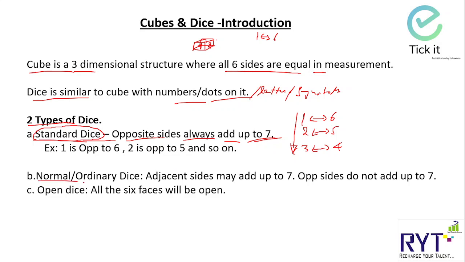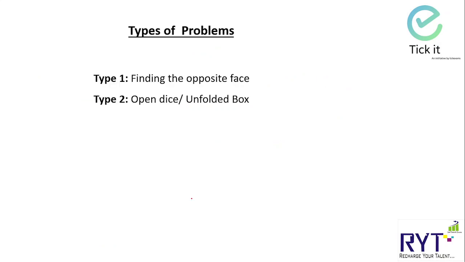The next type is the normal or ordinary dice, which is very commonly asked in examinations. Here this condition will not apply. One more type is the open dice. The dice is just open, like this, and you have to understand which is opposite to what. You might have numbers like 1, 2, 3, 4, 5, 6, and you have to observe which are the opposite faces.